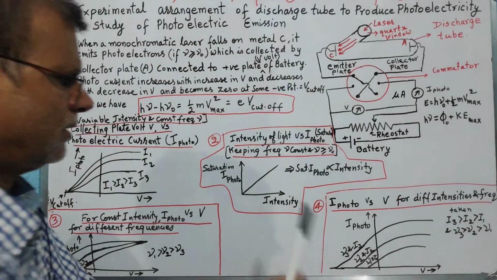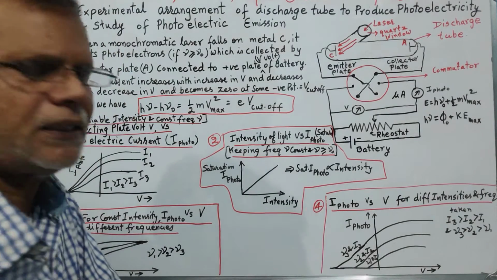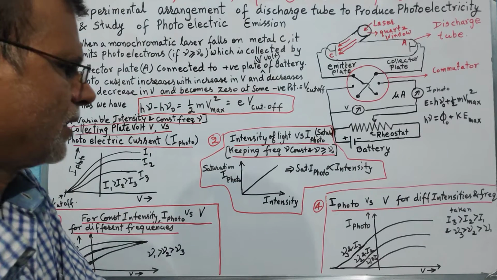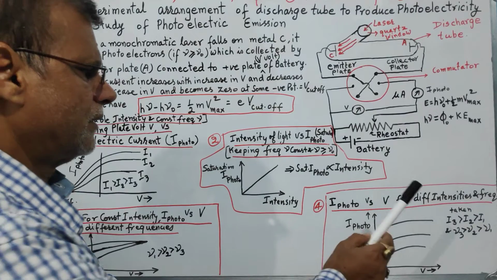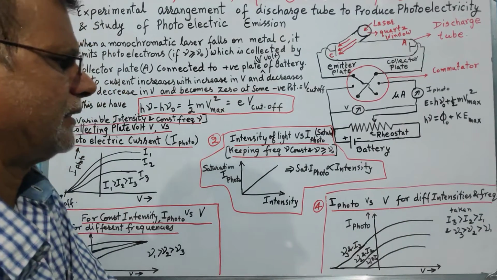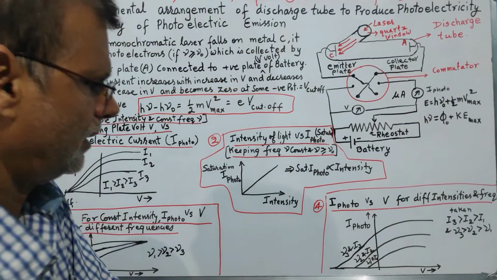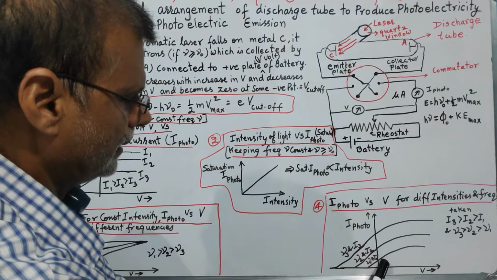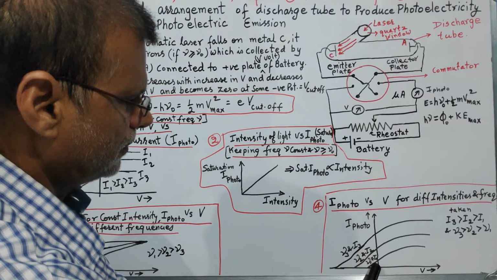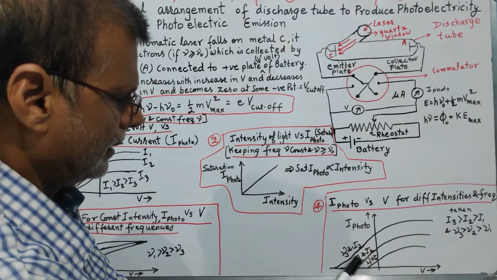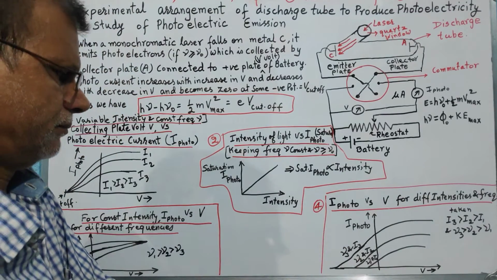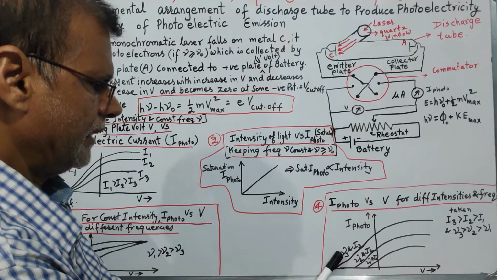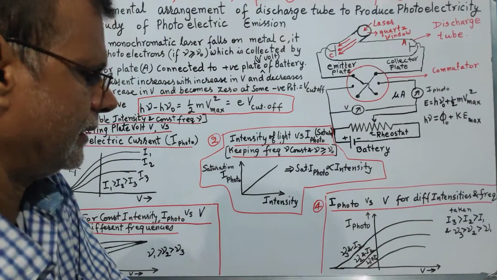Now we are varying the intensity as well as the frequencies. For our convenience, I3 is the greatest intensity and I1 is the smallest. The lower one represents nu1 and I1, and the top one represents nu3 and I3. This has the highest frequency as well as the highest intensity.